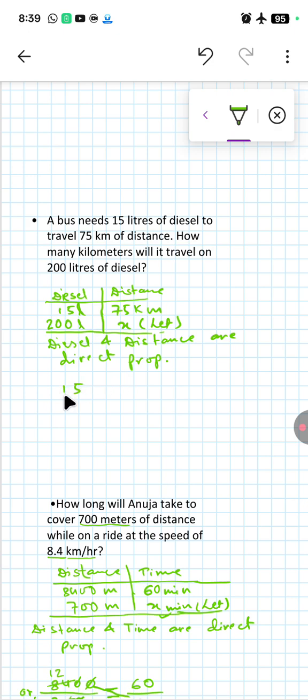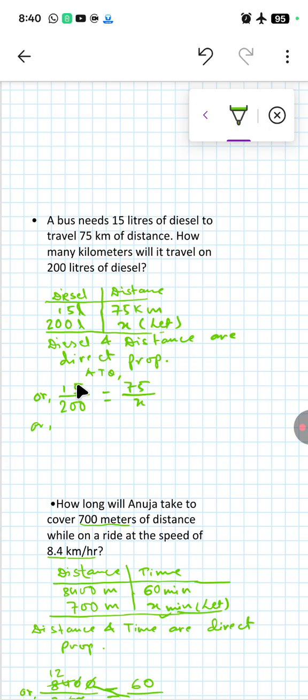So we will write them same to same according to the question: 15 by 200, this ratio will be kept together, and 75 and x will be in the same way, no interchange.